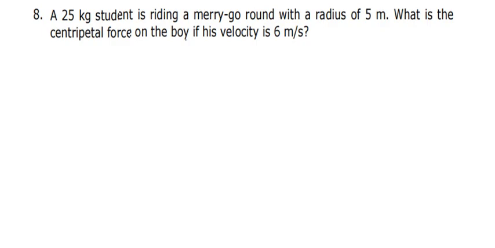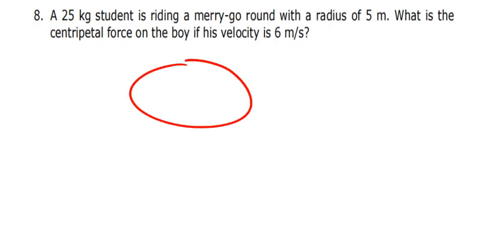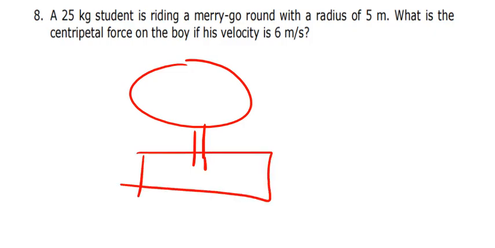Now we are told that a 25 kg student is riding a merry-go-round with a radius of 5 meters. What is the centripetal force on the boy if his velocity is 6 meters per second? Let's analyze. Let's say this is a merry-go-round, standing on this surface, and this is a child sitting nicely like that.